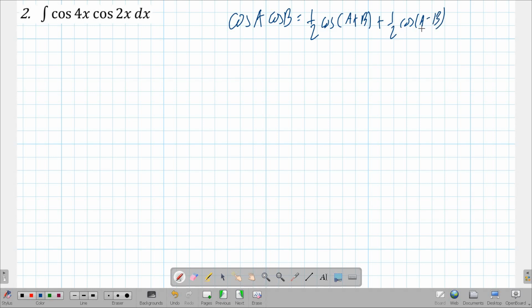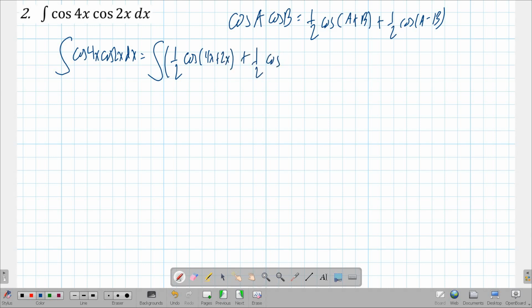So from here, we can now rewrite the integral of cosine 4x cosine 2x dx as the integral of 1/2 cosine of 4x plus 2x plus 1/2 the cosine of 4x minus 2x dx.